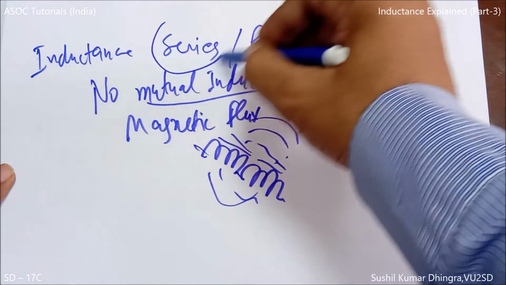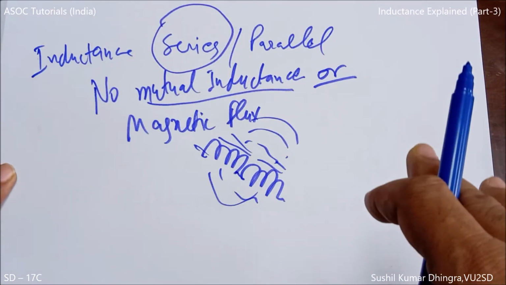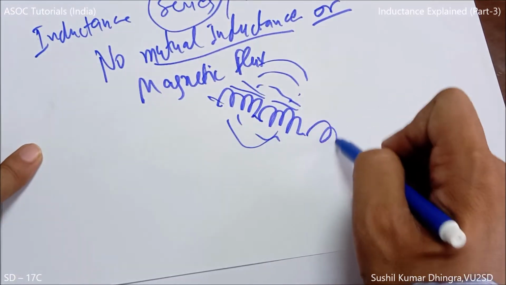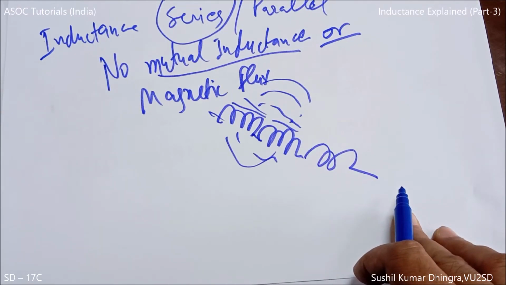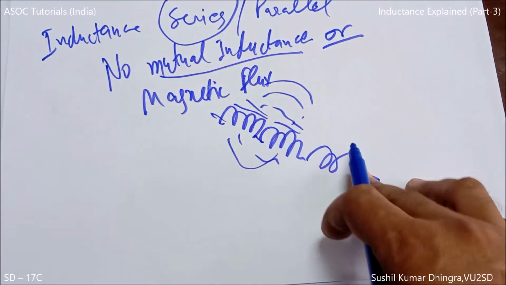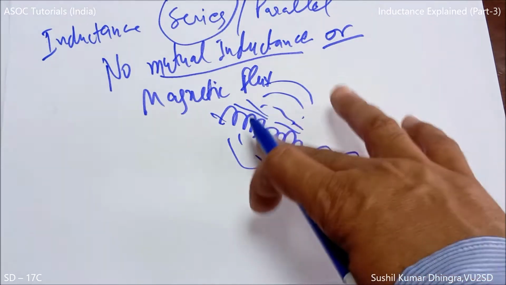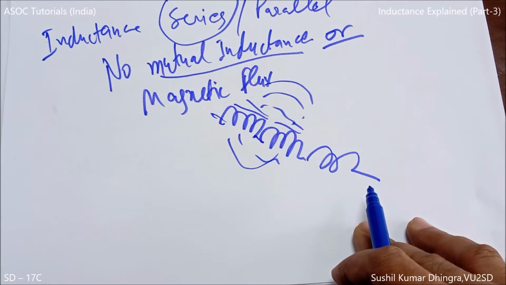Coming to the first, inductance in series. When the inductors are chained together in a straight line end to end, you can see here, they are simply added together because the number of turns is effectively increased, with the total circuit inductance LT being equal to the sum of all individual inductances added together.